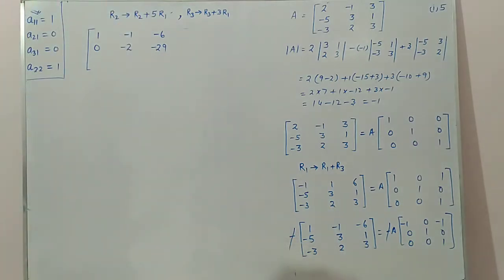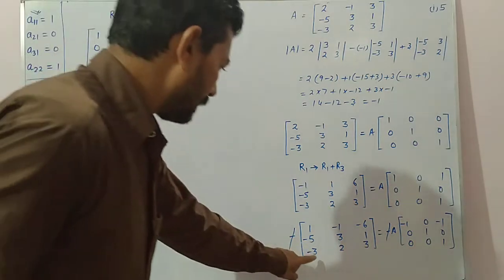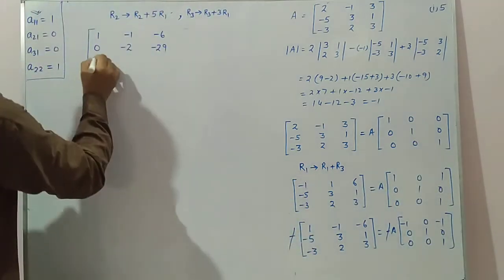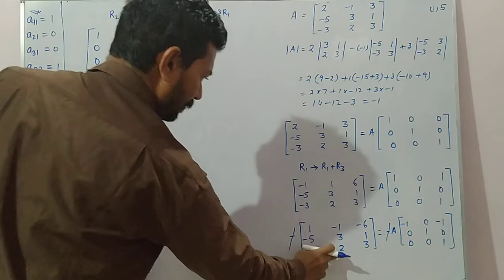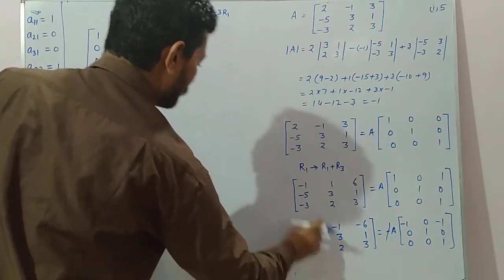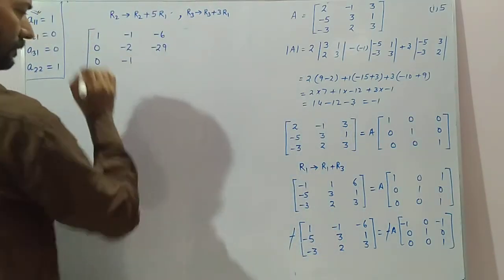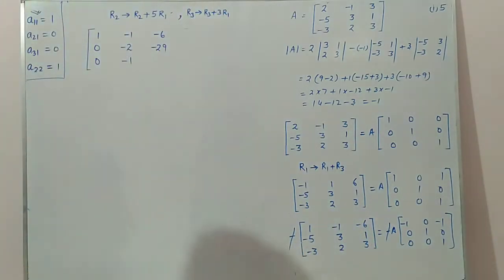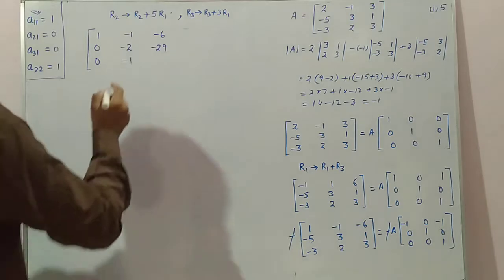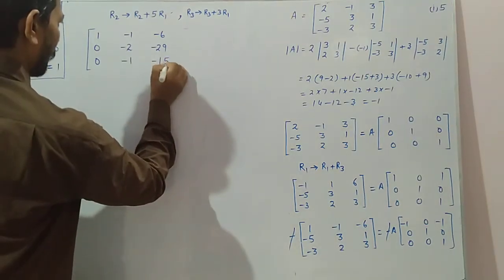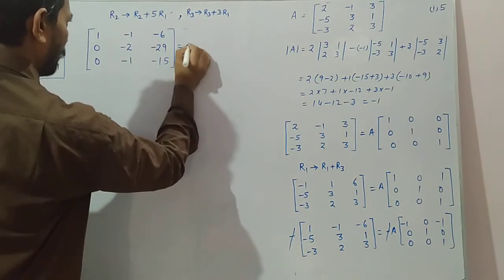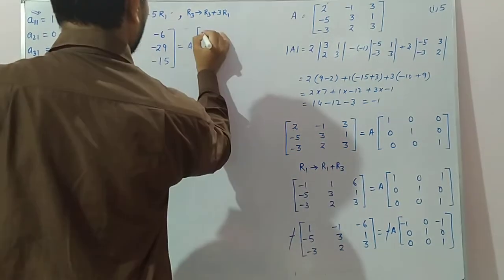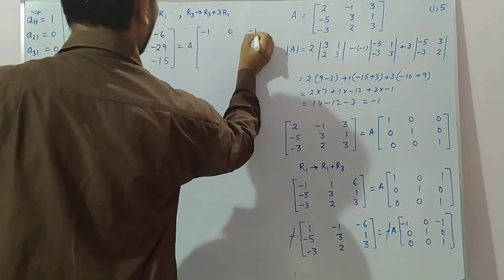Okay. This one, R3 plus 3R1, 0, 2 minus 3 minus 1. 3 minus 18, that will be minus 15, equal to A. And on the right hand side, first row is as it is 1, 0, minus 1.